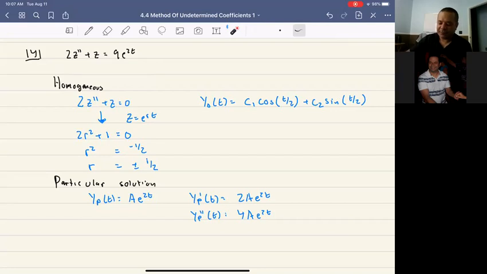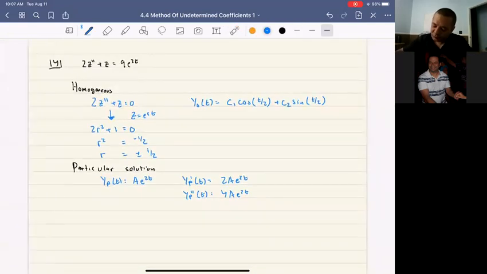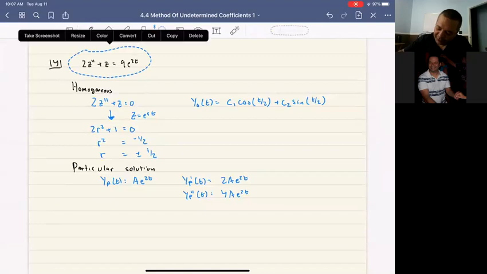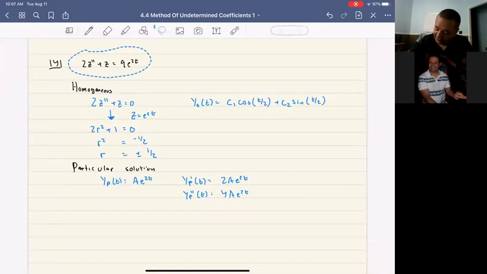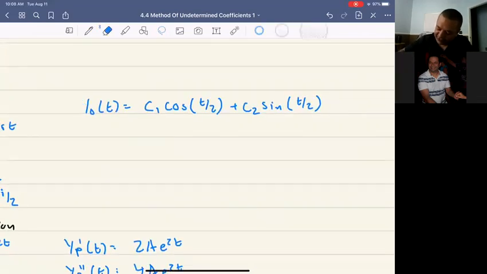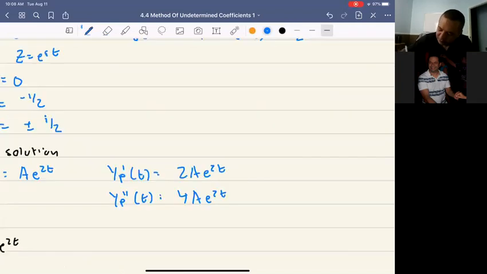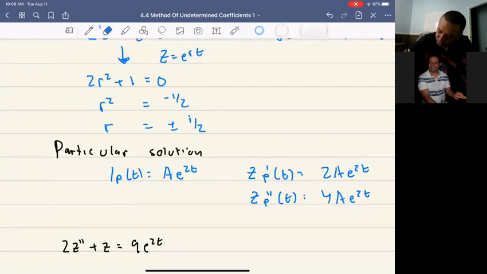So now we're going to plug this into our total equation and see if we can get something. Actually, I should be using z as my dependent variable. So let's change that to z0 and z sub p.